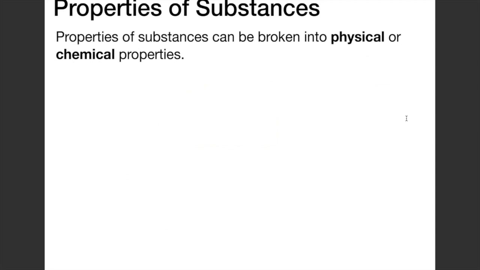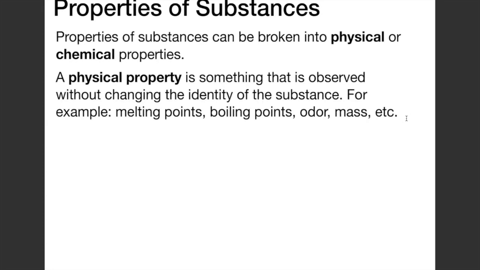When we talk about different properties of substances, we can talk about them in terms of physical or chemical properties. A physical property is something that's observed without changing the identity of the substance. So these types of properties include things like melting points, the temperature at which a substance melts, boiling points, odors, masses, and the like.